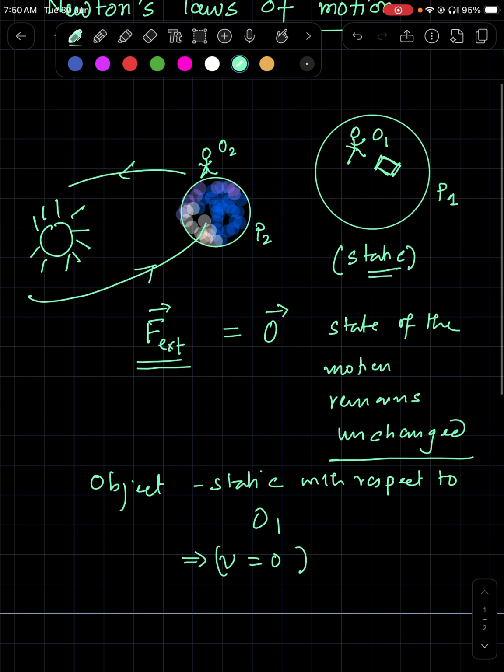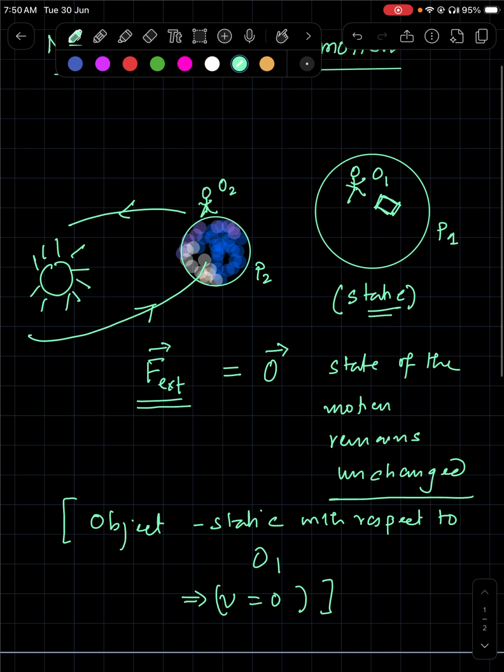What will observer 2 see? Since he is rotating around the star, he or she will see this object also rotating with O1. And any rotational motion is accelerated motion, you know that.